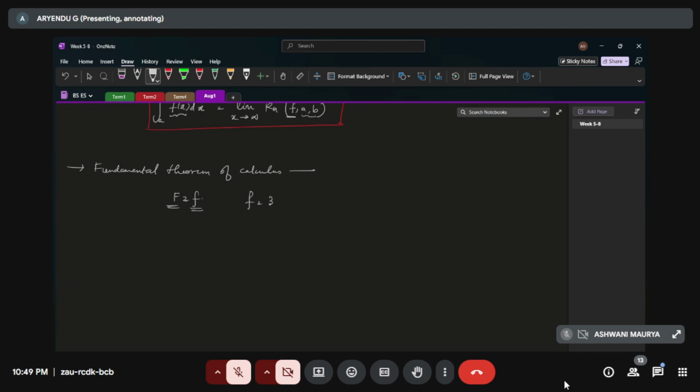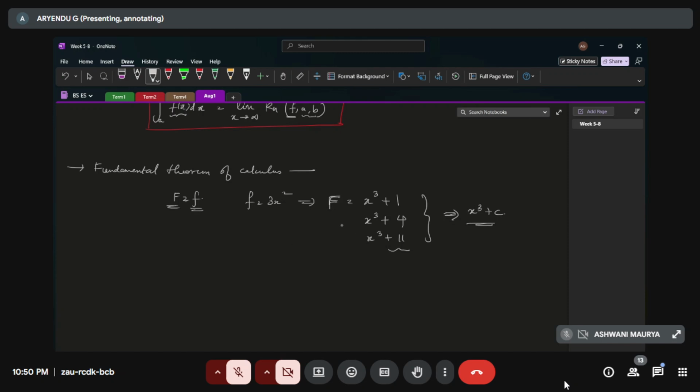So let the function be f equal to 3x square. Then if we take the antiderivative F, we are basically integrating this. So this is x cube plus 1, it can be x cube plus 4, it can be x cube plus 11. This value we cannot define, and hence we represent this by x cube plus c. So this is the antiderivative.